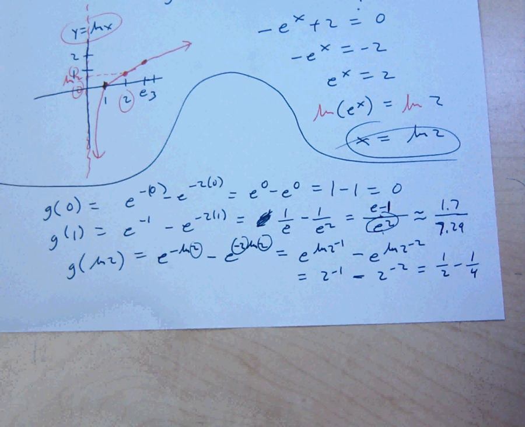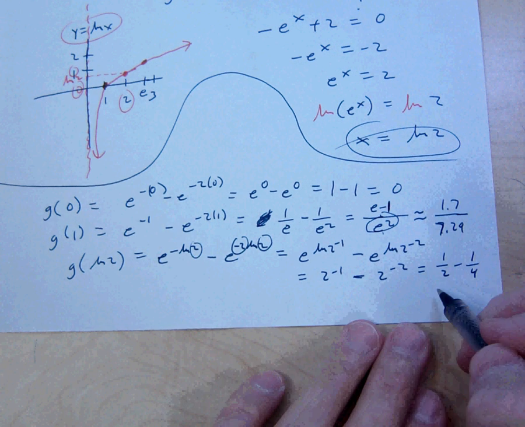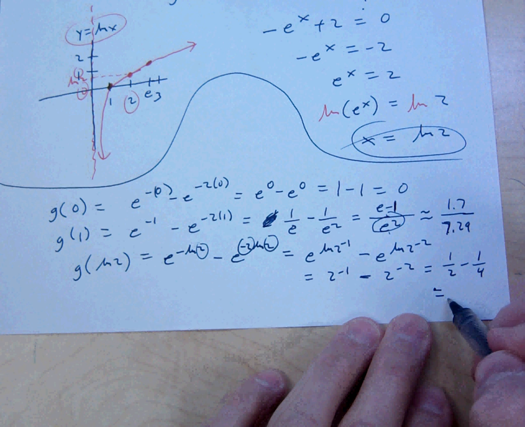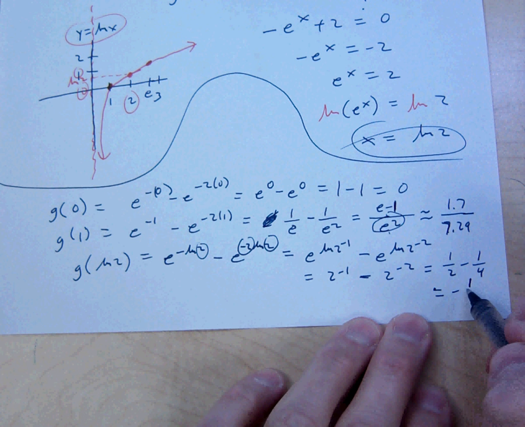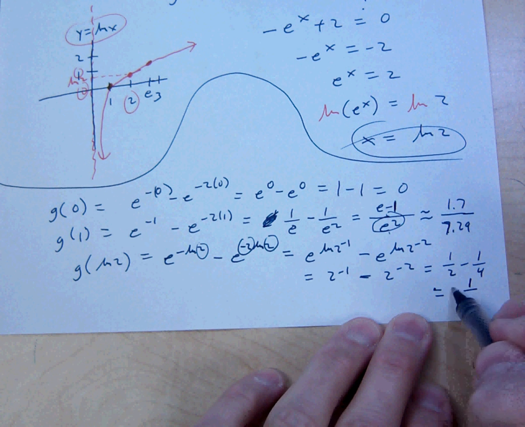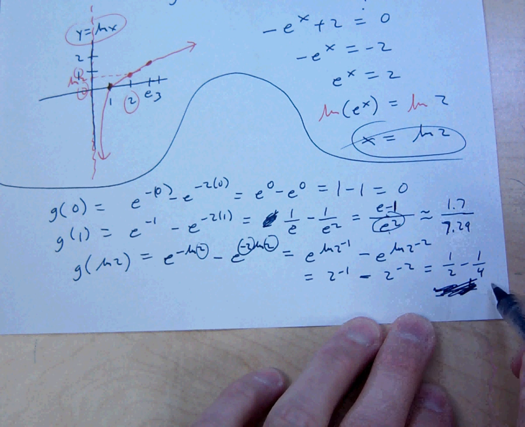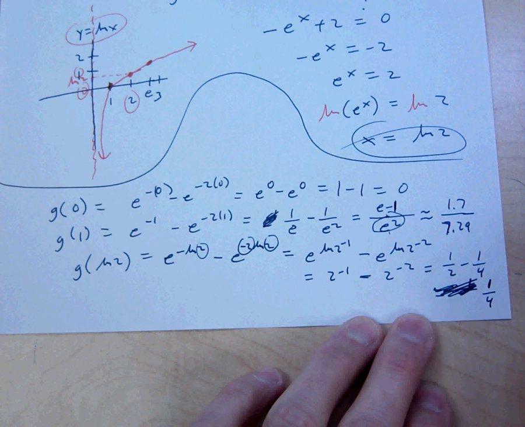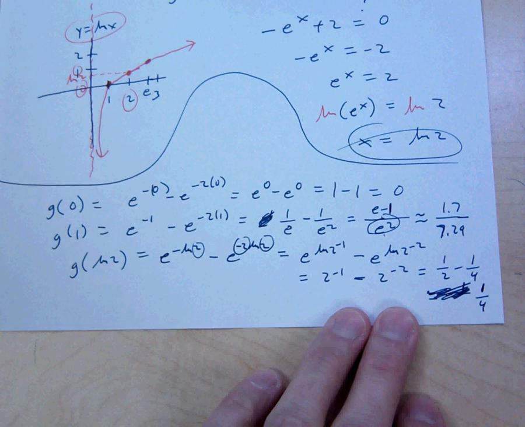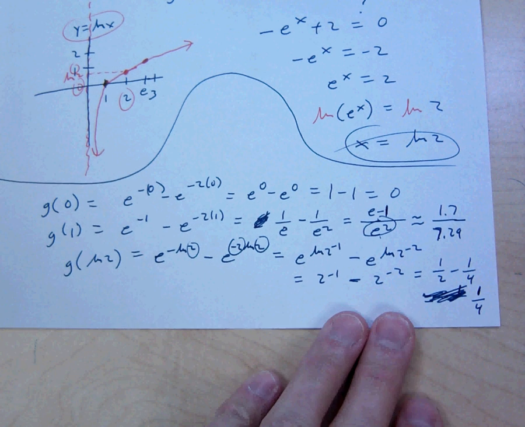Is that right? Which is what? No, I'm sorry. That's about 1/4, isn't it? Yes? Wow, that's going to be a really close call, isn't it? All right, well, now think about it.